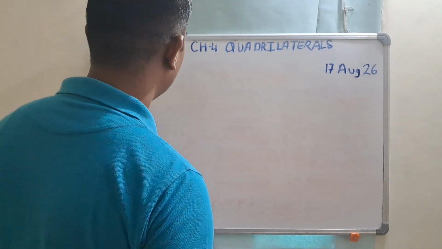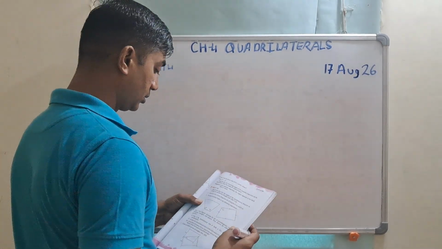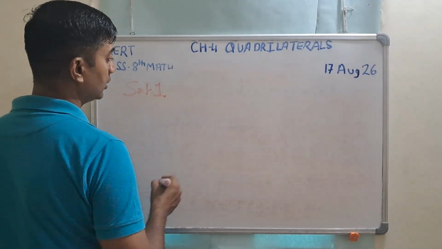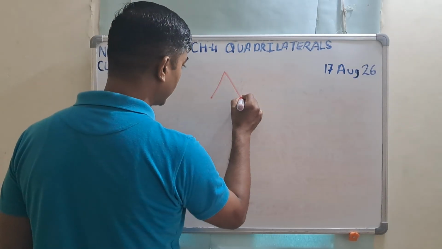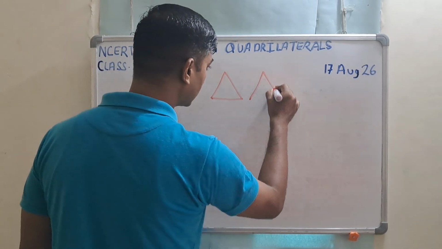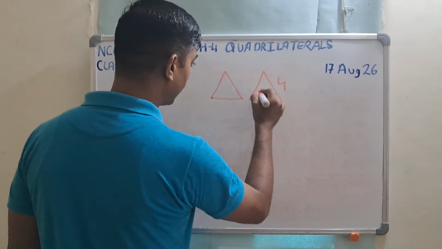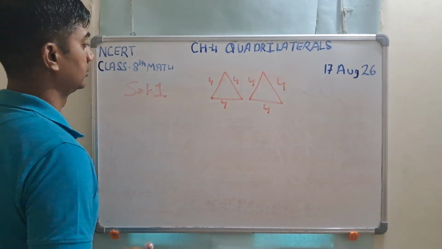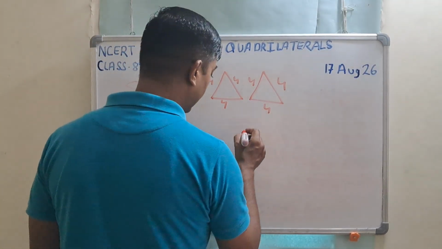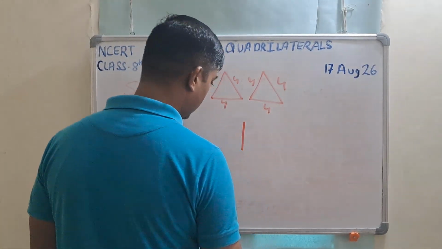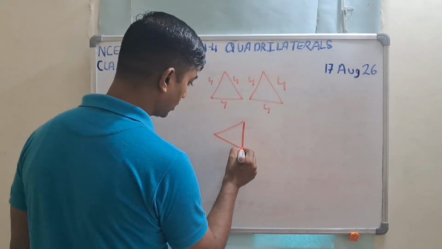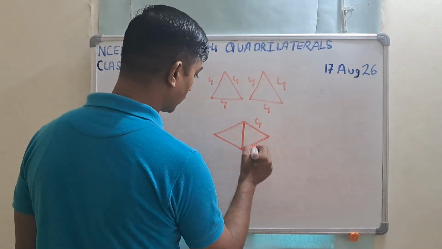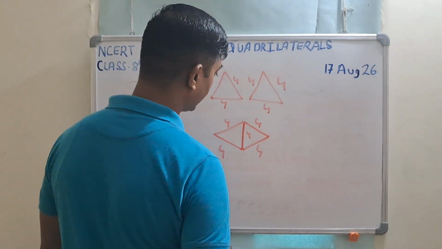We have two equilateral triangles, each having 4 centimeter length, and we are joining them. When we join them, what figure will we get? Suppose we have joined like this. This is 4, 4, 4, 4 and 4.